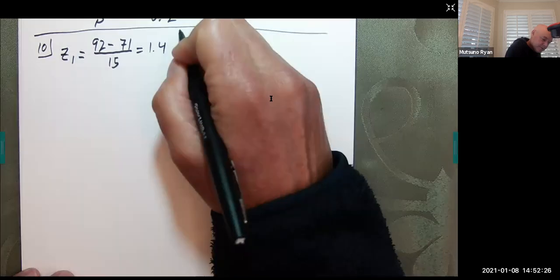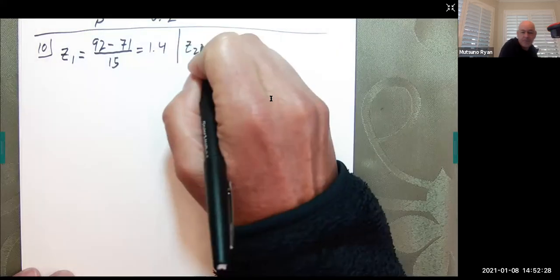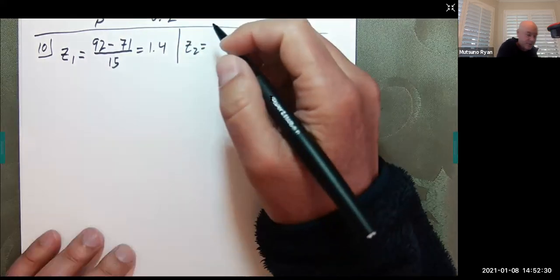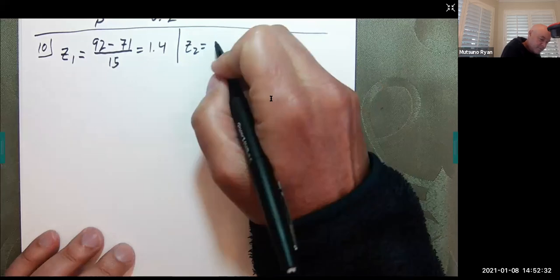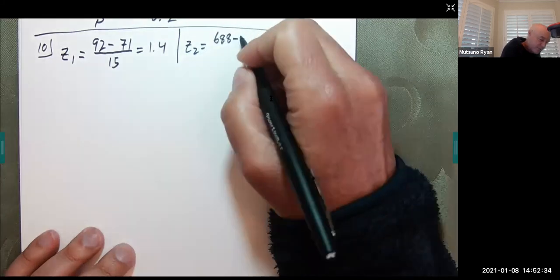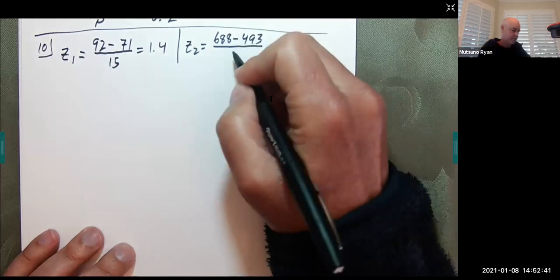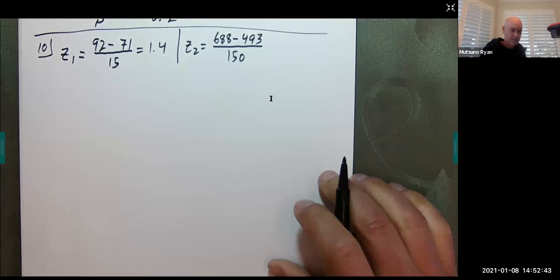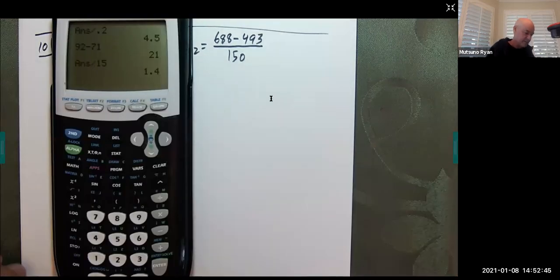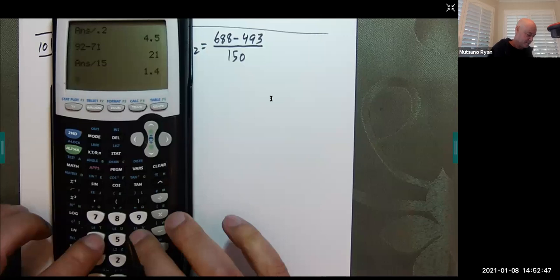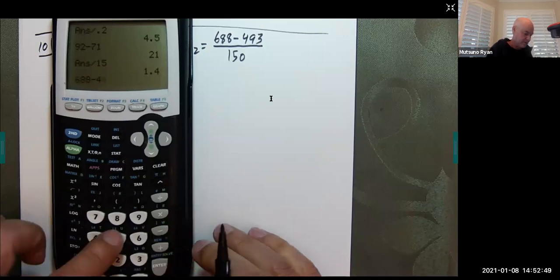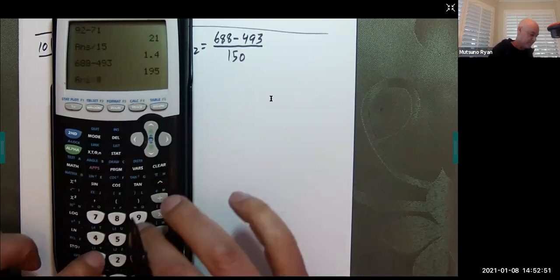Now, z sub 2 is going to give us the 688 minus the 493 divided by 150. So 688 minus 493 divided by 150.